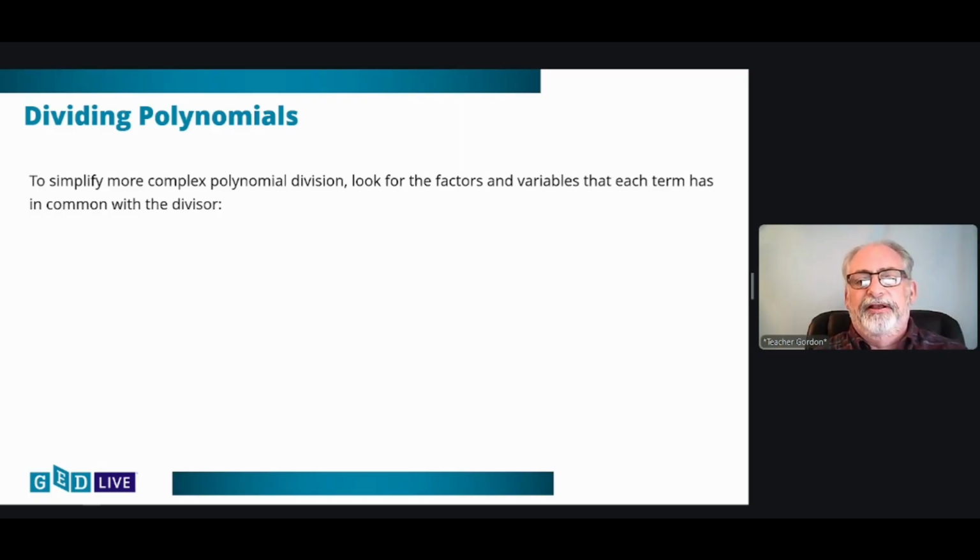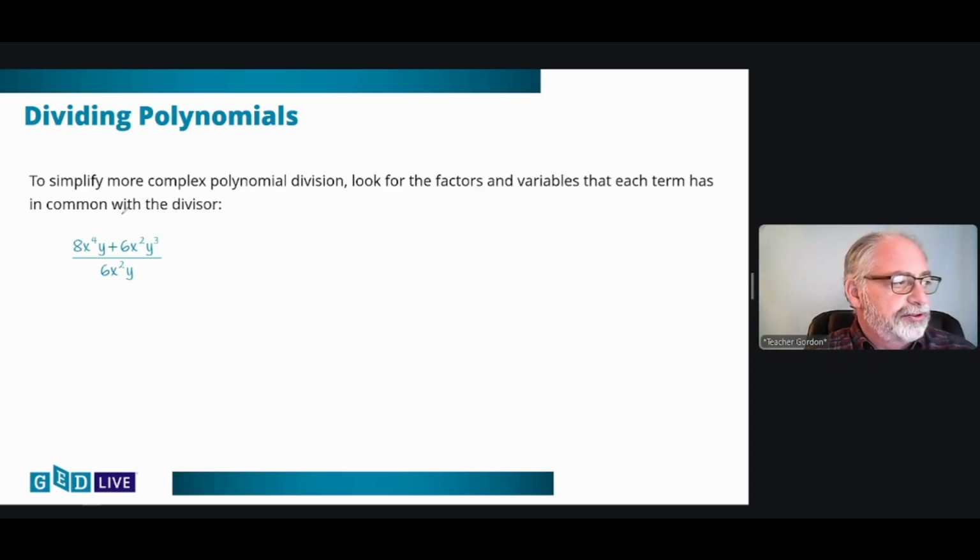All right. Now, sometimes they'll give you fairly complicated polynomial division. In other words, these fraction situations, where you have complicated polynomials on both the top and the bottom. And what you want to do in those situations is see which factors you can divide, like numbers, we saw 4 divided by 2 earlier, or 8 divided by 2, and also which variables there are in common on the top and bottom. So you can see this gets a little bit more complicated now.